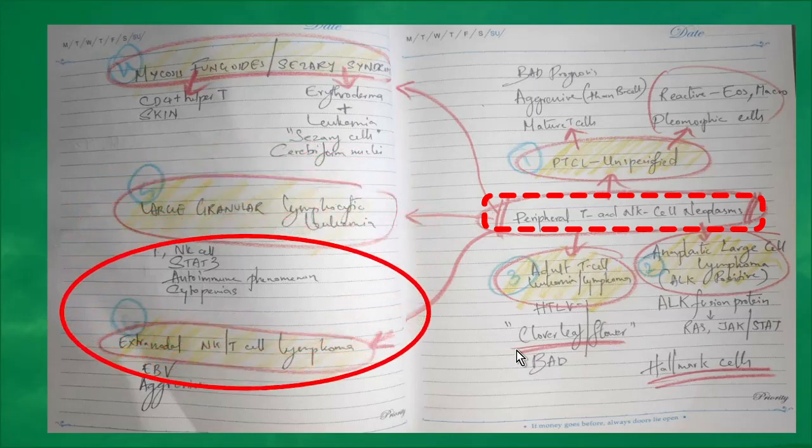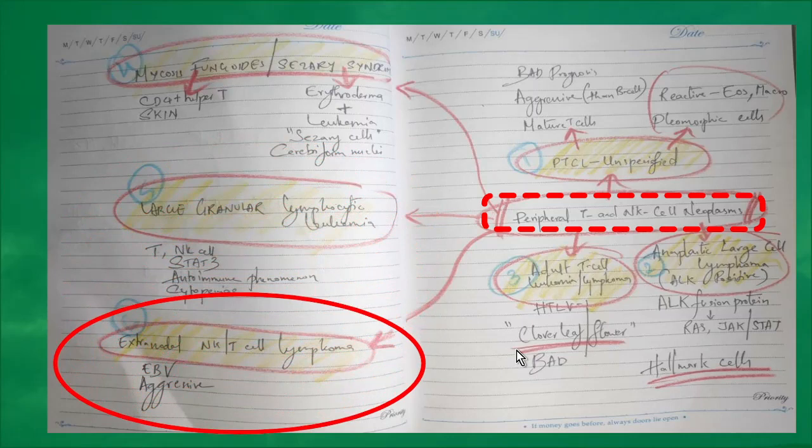Now, extranodal NK/T cell lymphoma is EBV associated and aggressive. And again, peripheral T cell lymphomas are not very important, but you have to know these categories exist.